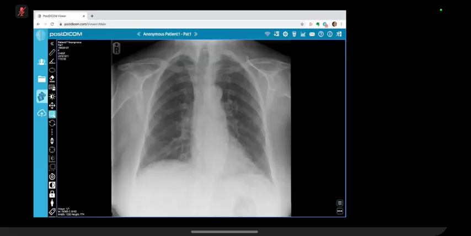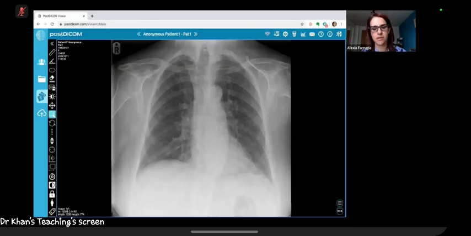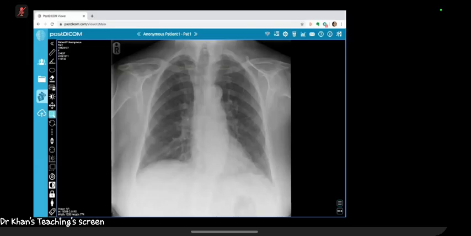It may be puckered or tented. It's definitely asymmetrical, isn't it, when you compare it to the right? I think similar but more subtle changes are also seen in the right lung base, but the diaphragmatic contour there is quite regular.